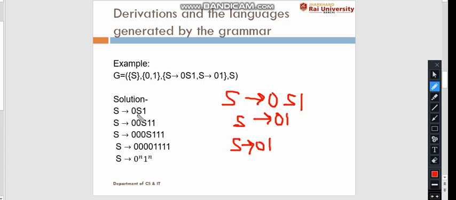Now in this place, instead of S we can again write 0S1 because S produces 0S1. So here I have written, instead of S I have written 0S1 because S produces 0S1.